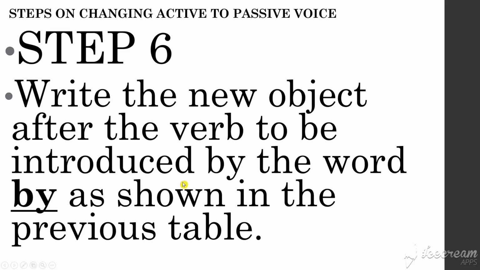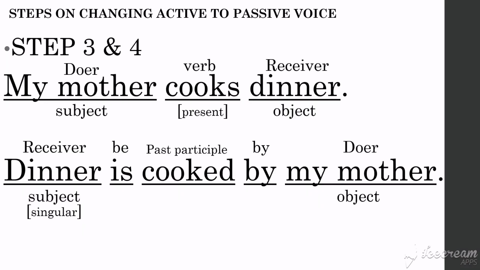Step 6. Write the new object after the verb, introduced by the word by, as shown in the previous table. So we already have our subject of the sentence here, dinner, then the verb is cooked, and then the word by. After that, we introduce our object of the sentence using the word by, and then we use my mother.